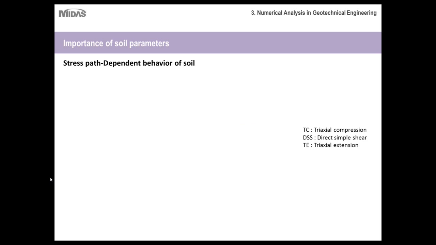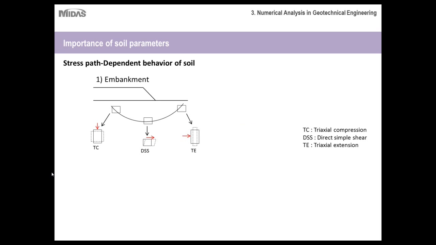Okay, so now stress-path-dependent behavior of soil. Let's take a look at this first image here. This is just a sample of an embankment type project. The soil is uniform across the length of the embankment. However, the stress path is not. Depending on which location under the embankment it is, the soil will receive a different stimulus.